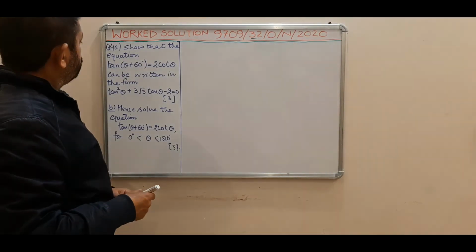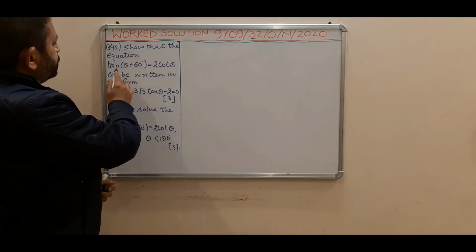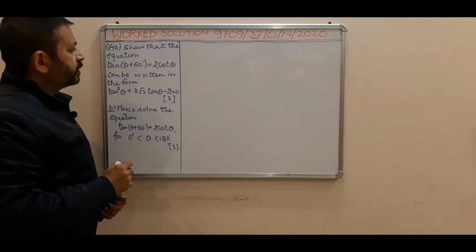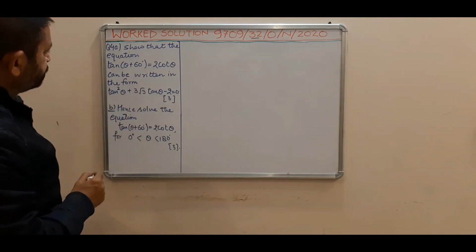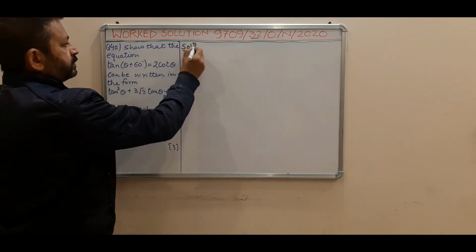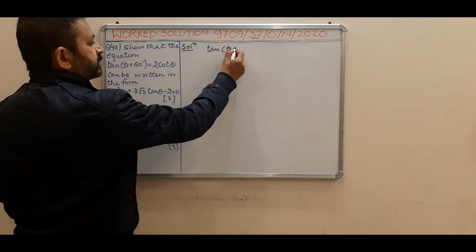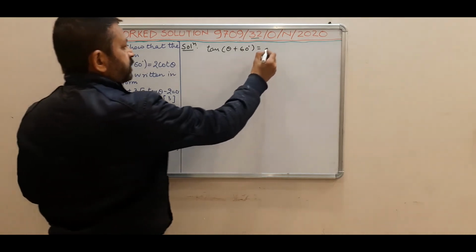Question number 4. A part is show that the equation tan of theta plus 60 degree is equal to 2 cot theta can be written in the form this. This carries 3 marks. So it is given that tan of theta plus 60 degree is equal to 2 cot theta.